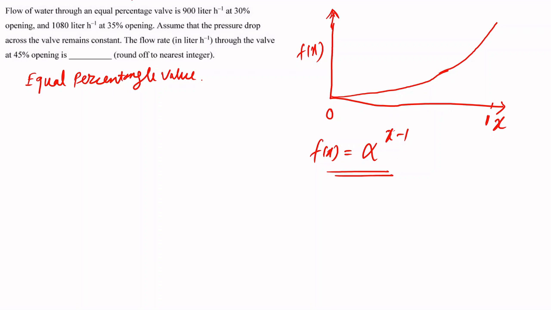So in the question, we have been given that if the flow rate F1 is 900 liter per hour, then the valve opening was 30%, that is 0.3. And at x2, that is 35% opening, the flow rate was 1080 liter per hour.